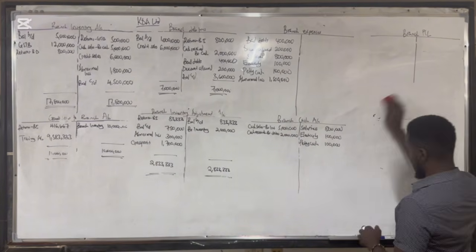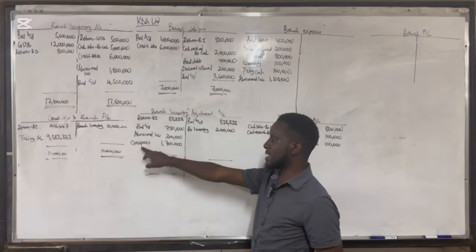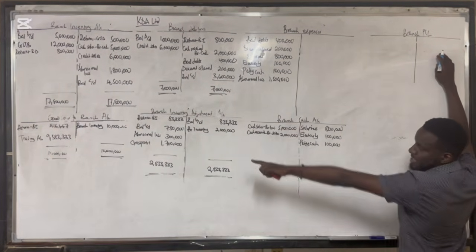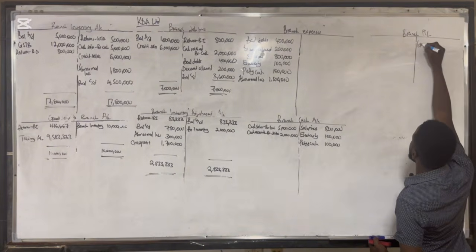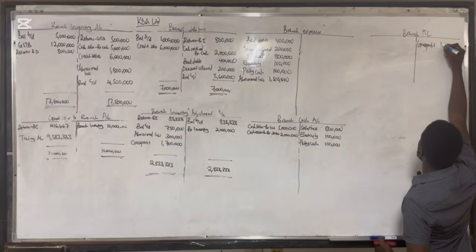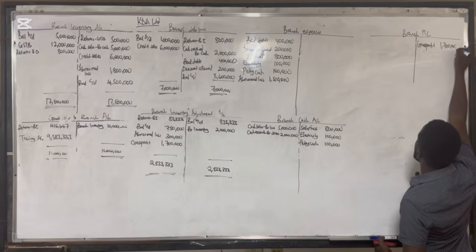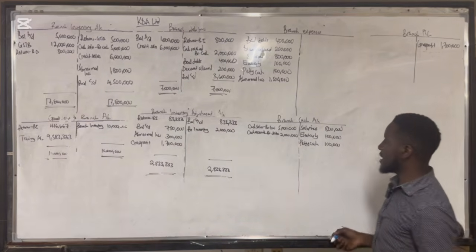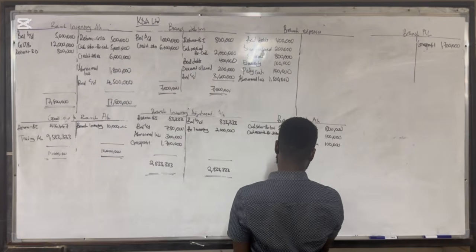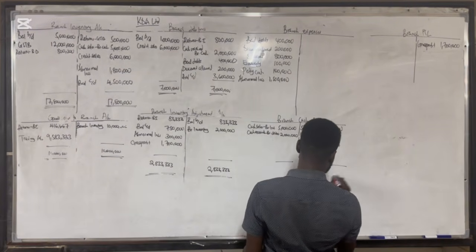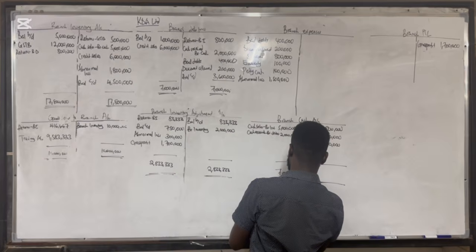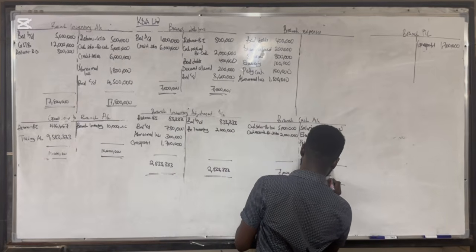That means that gross profit should be transferred to the branch profit and loss. So we bring it on the credit side, since it's on the debit side there. So we say gross profit, which is 1.7 millions. And then we can also balance off these other accounts. Once we balance off this, you're going to have 7 millions here and 7 millions here.